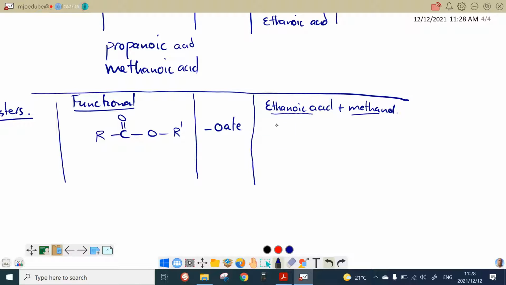So in this case, your methanol has got this formula, and then that methanol reacts with the ethanoic acid. I'm just going to write it this way so that you are able to observe what happens in the reaction.